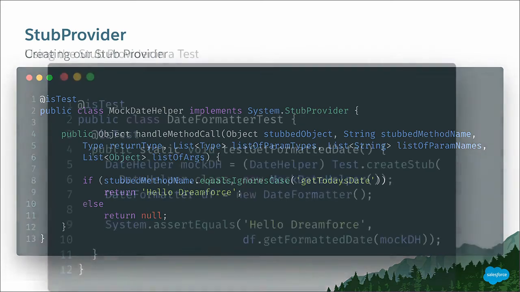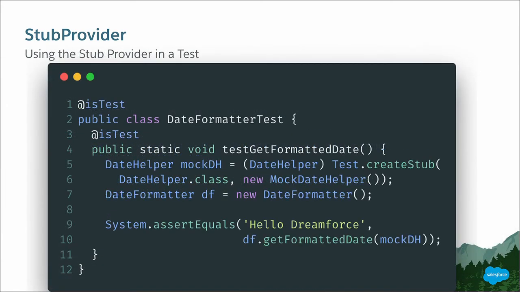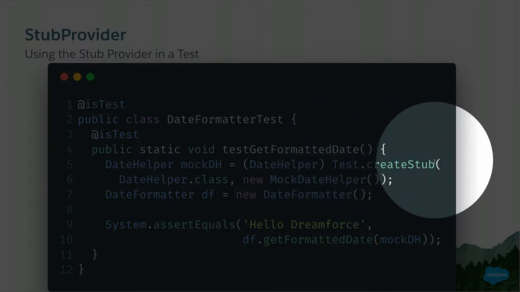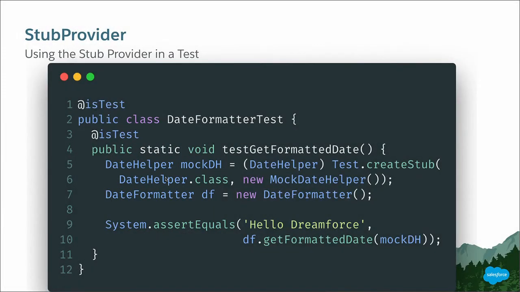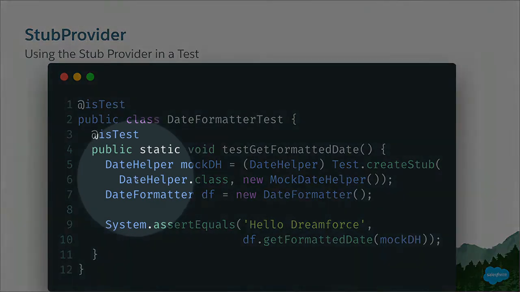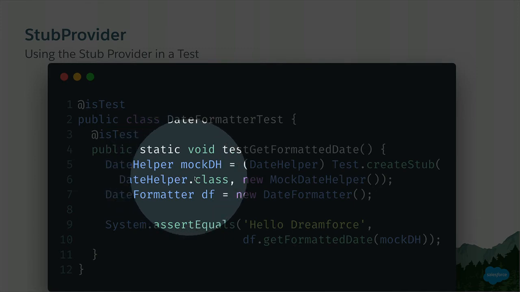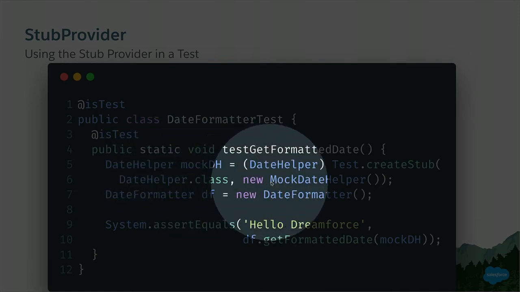And we're going to turn around and say, here's our date formatter test. We're going to grab a mock instance of this object right here. To do that, we're going to call test.createStub. We're going to pass in datehelper.class, which is the class we're stubbing, and the stub provider class we just created, that mock date helper, an instance of that.